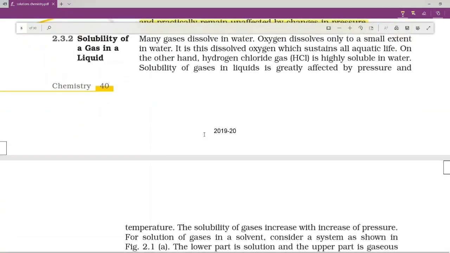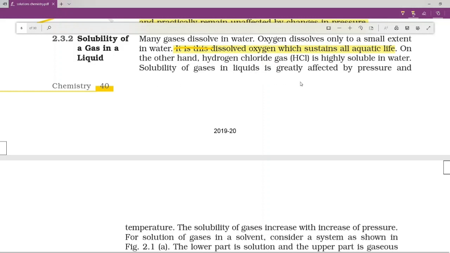Here some examples are given: many gases dissolve in water. Oxygen dissolves only to a small extent in water, and it is dissolved oxygen which sustains all aquatic life. Obviously, that is the reason marine species take oxygen which is dissolved in the water. On the other hand, hydrogen chloride gas, that is HCl, is highly soluble in water.